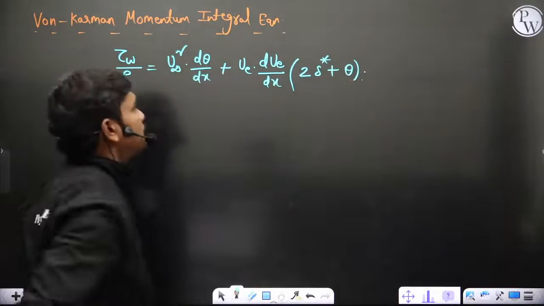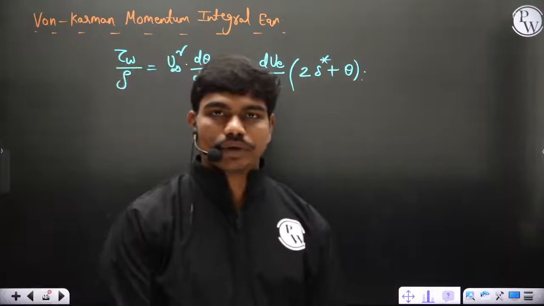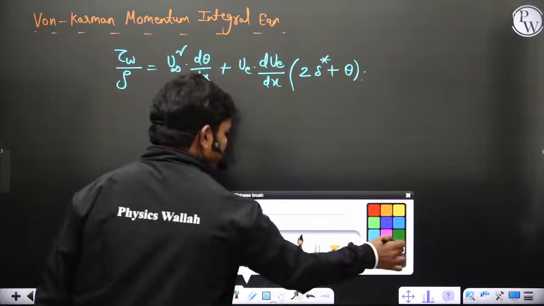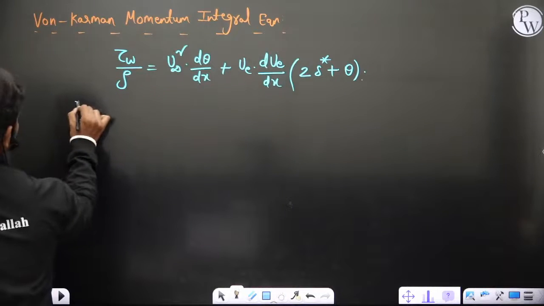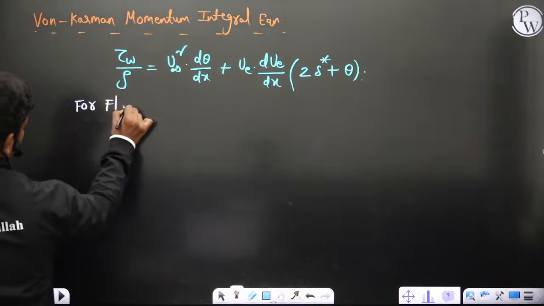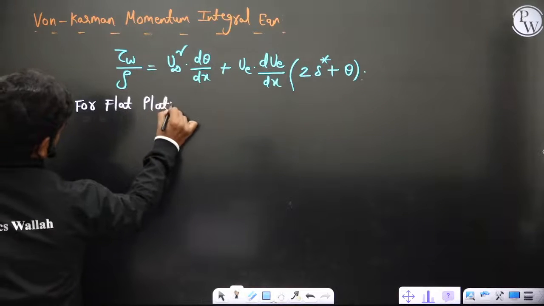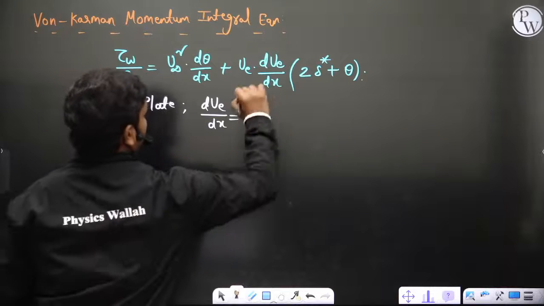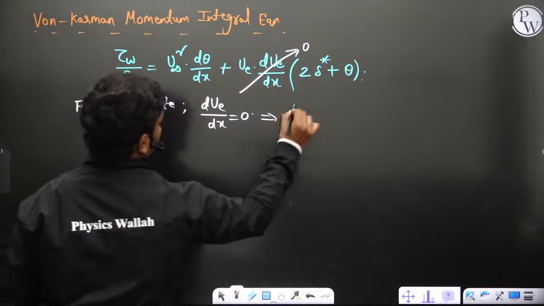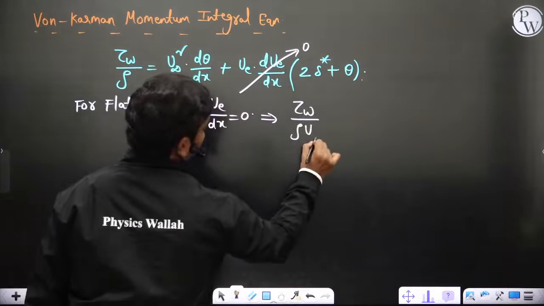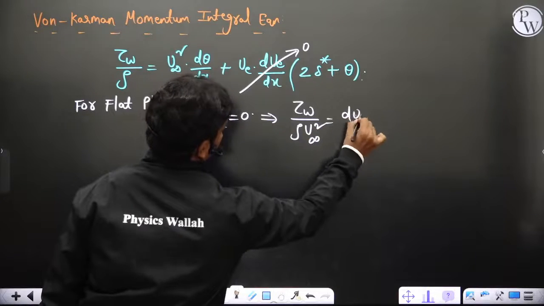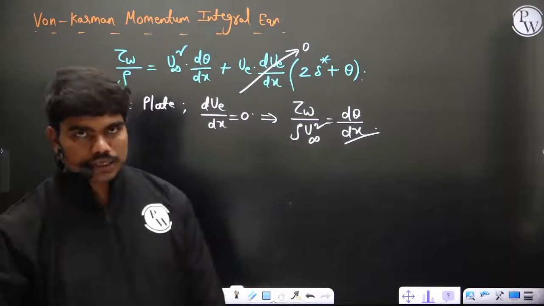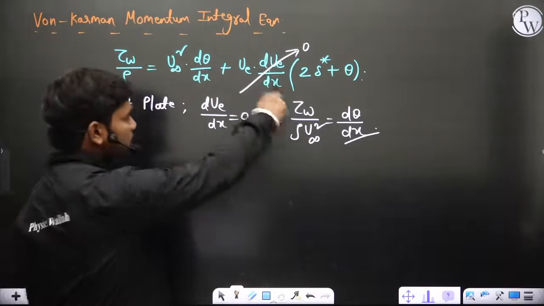This is the von Karman's momentum integral equation. But in case of flat plate, right now in the GATE syllabus I think only flat plate is there, this is how the equation gets reduced, because this term is 0 in this case.